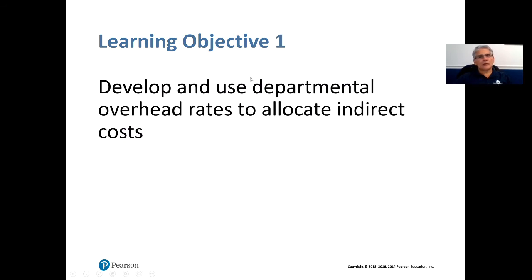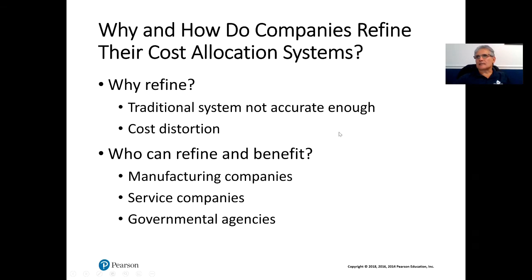Okay, learning objective number 1, develop and use departmental overhead rates to allocate indirect costs. So we've already learned how to allocate manufacturing overhead, also known as indirect costs. We've already gone through the process of allocating that.